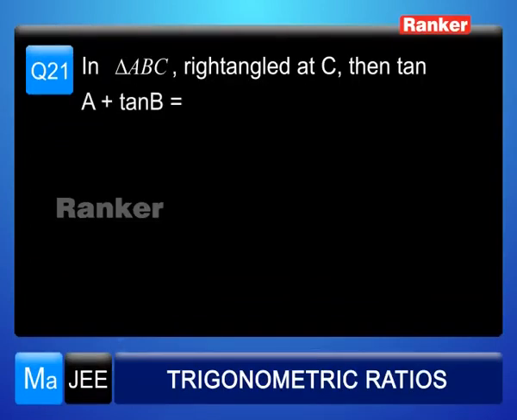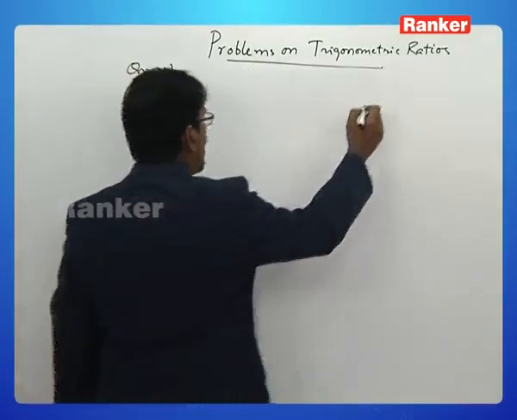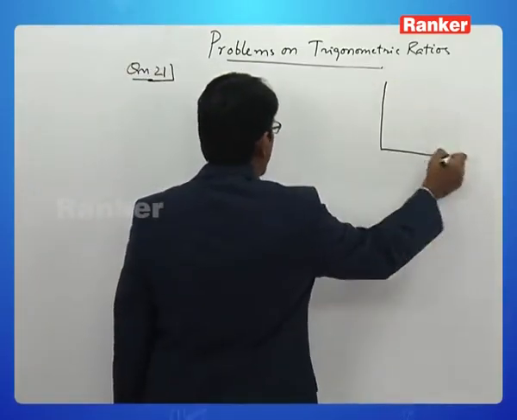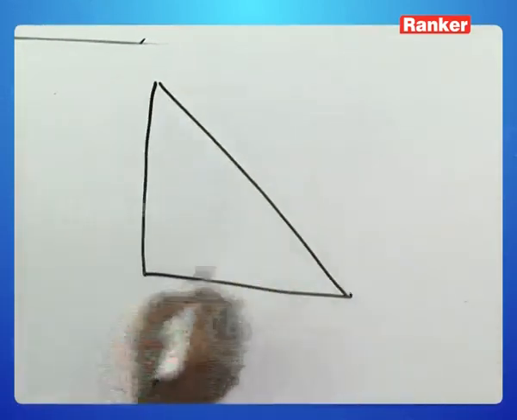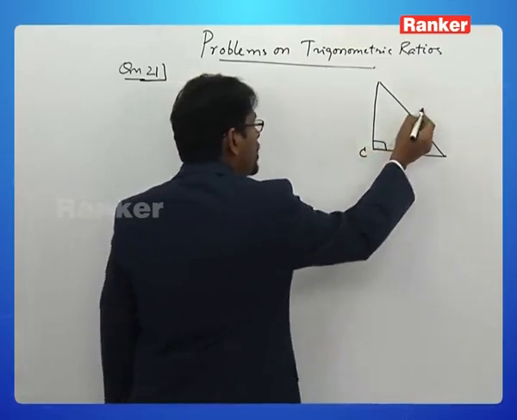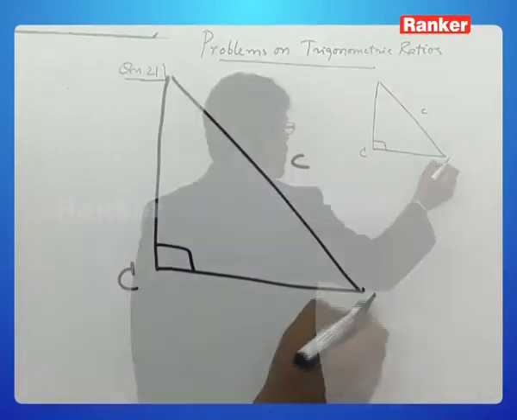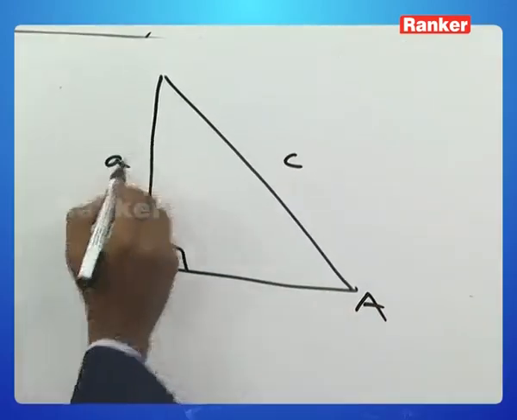In the triangle ABC, right angle at C, tan A plus tan B value is equal to: first option A square by BC, second option B square by AC, third option C square by AB, and fourth option AB by C. Now, we have a right angle triangle ABC, right angled at C. So this is C, right angle at C. So the opposite side will be small c, and let us name this as A, so this will be small a.